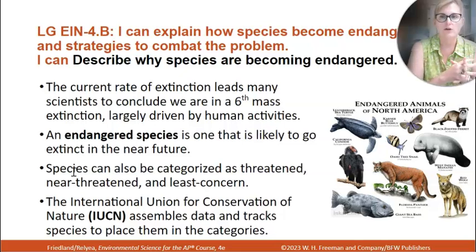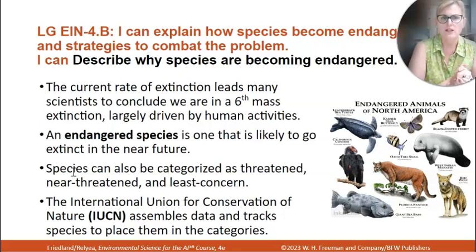Okay, so we are currently in our 6th mass extinction caused largely by human activities. You need to know the definition of an endangered species, one that is likely to go extinct in the near future. Before they are endangered, they can be classified as threatened, near threatened, or least concern. There's a continuum of labels for species.